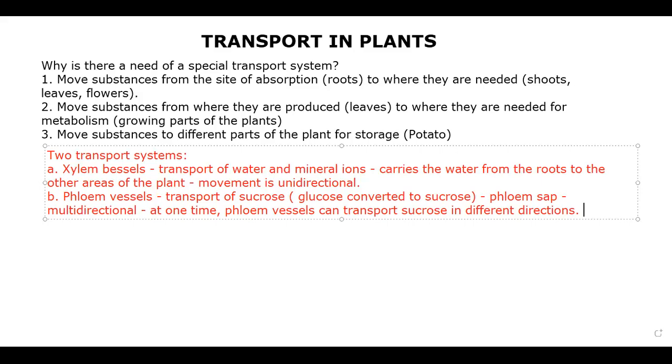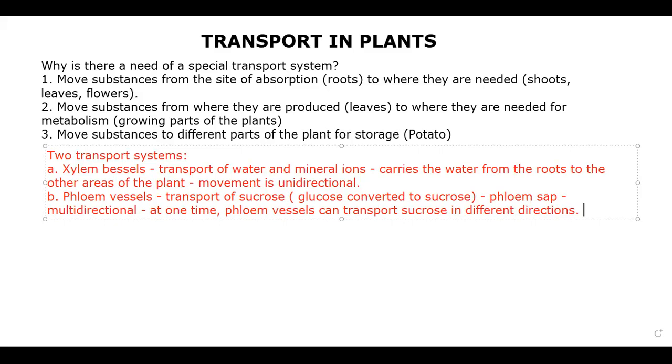Now, you need to know in detail the structure of both xylem vessels and phloem vessels, and the difference between your phloem vessels and your xylem vessels. It's really important.